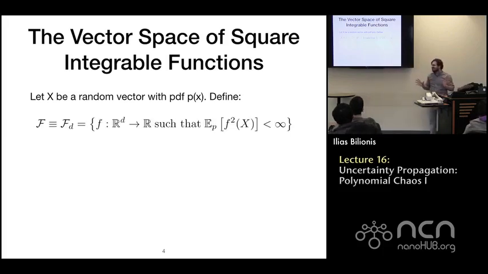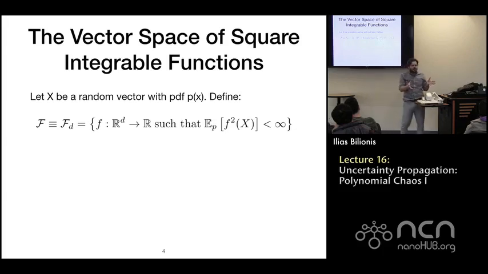And we define this nice space of functions, which is the space of functions that have a finite variance under this probability density. They're called p-square integrable, so that the expectation of the square exists.